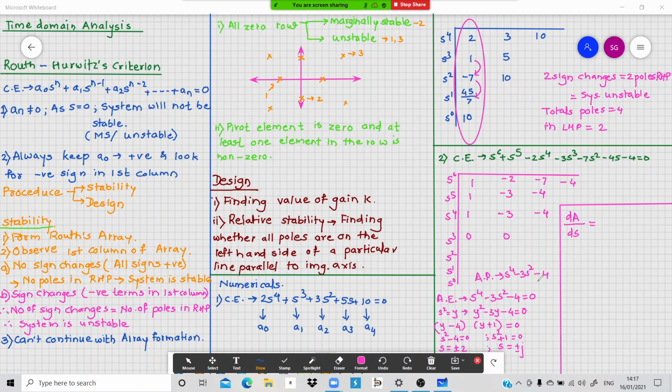If I differentiate this, I'm going to have 4s cube minus 6s. So the coefficient of s cube is 4 and the coefficient of s is minus 6. The powers alternate: cube, then raised to 1.